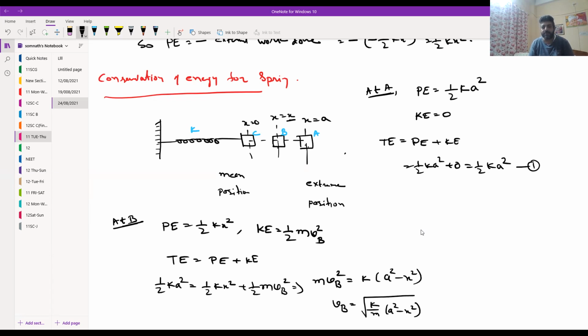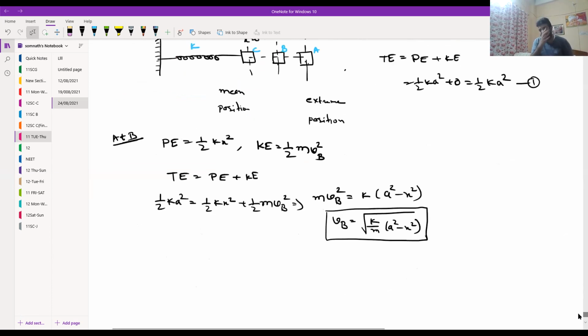Yes or no? Yes. So your velocity at B is root under k by m into A square minus x square.